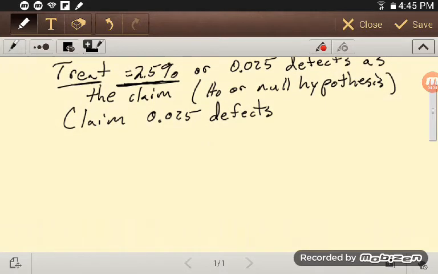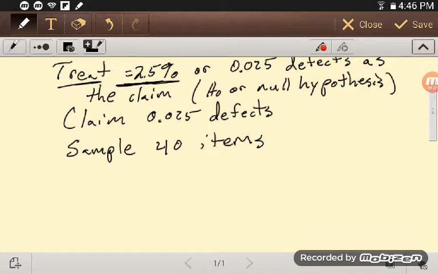Well, what might we do? In this case, we could go out and sample 40 items. Okay, why 40? Why not? We could sample 100 items, we could sample whatever.